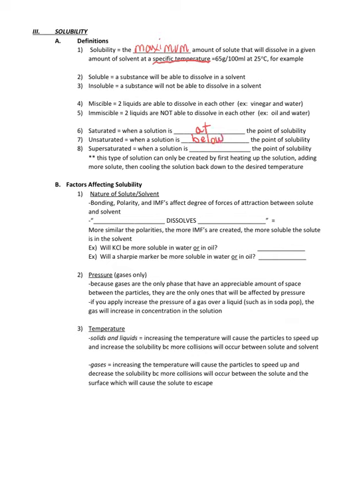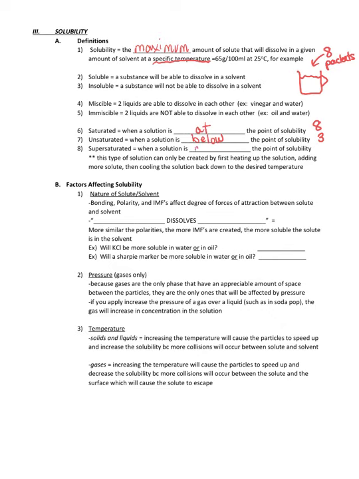it's unsaturated. So back to my situation, if my cup of coffee, here's my mug, so pretty here, if I know I can put 8 packets in it, and I have 8 packets in it, I'm at the point of solubility. But if I only have 3 packets, I'm below the point of solubility.